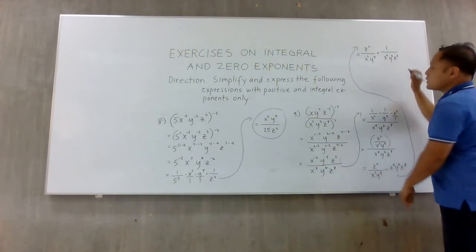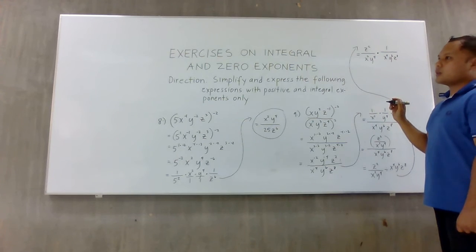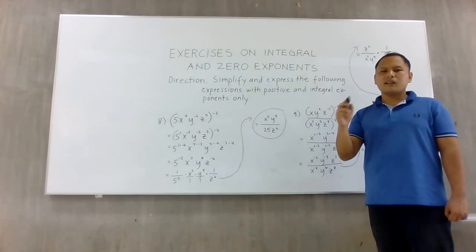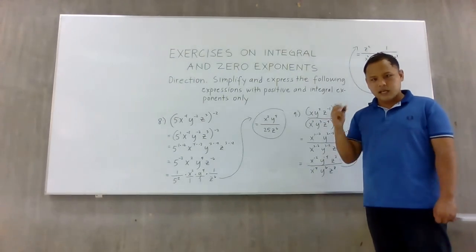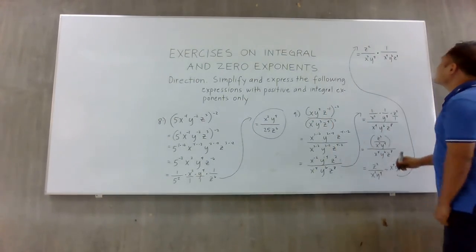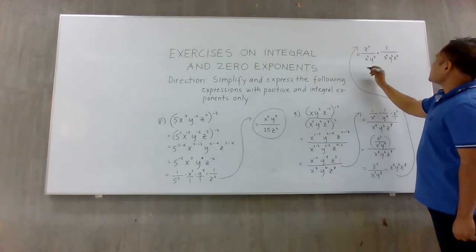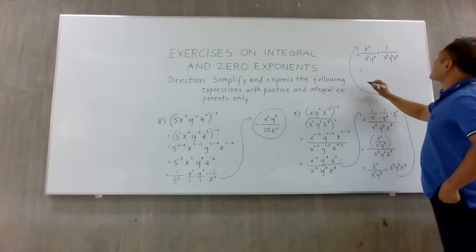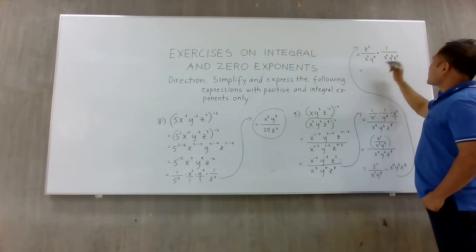What you have learned in math during the elementary years is very, very important in this topic. Okay, let's proceed. So we have z squared times 1, that is z squared.